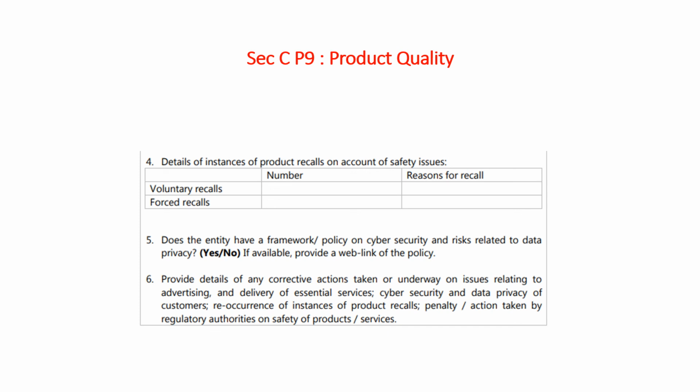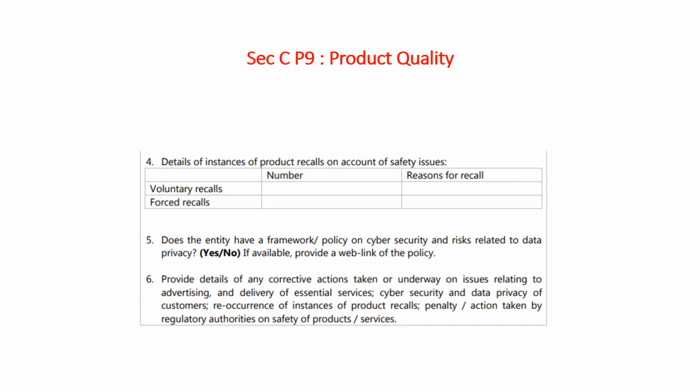And next is about product recall on the account of safety. Whether the product has been voluntarily recalled or forced recall on safety issues. So basically with this data what they'll understand is how safe were your products, and if at all there was any complaint, whether you handled them properly. Now the next is about having a framework or a policy on cyber security and risk associated to data privacy.